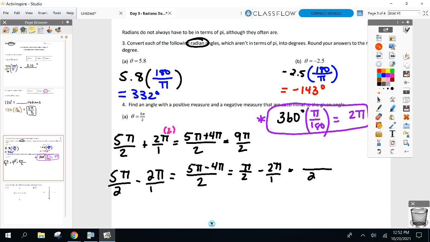Do I need to change the pi over 2? Nope. So pi minus, what's this still going to be? Do I keep it 2 pi though? I still got to multiply it by what? 2, right? So it's going to be minus 4 pi. Oh, do I end up with a negative here? Finally. So what's a negative coterminal angle?